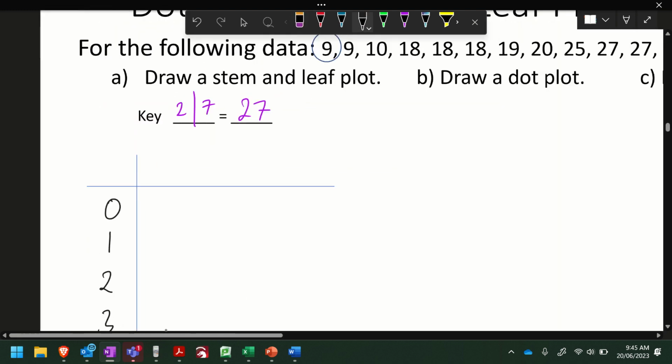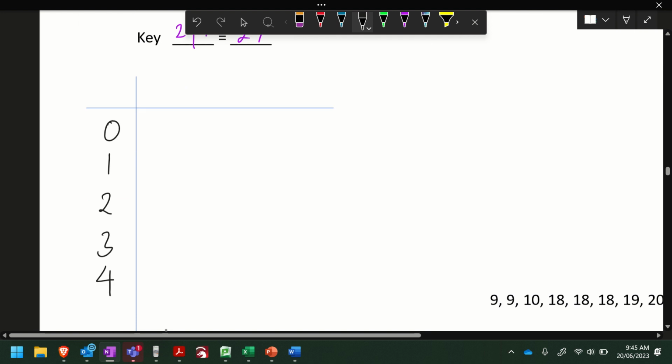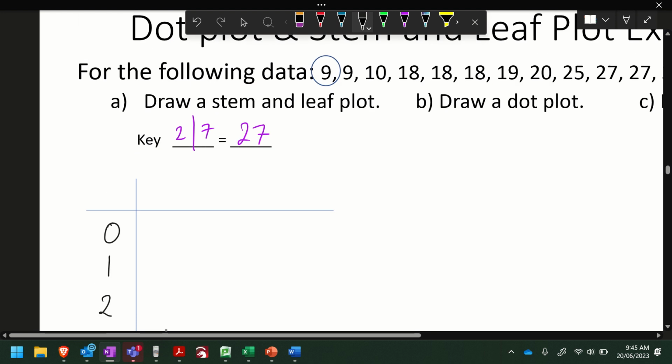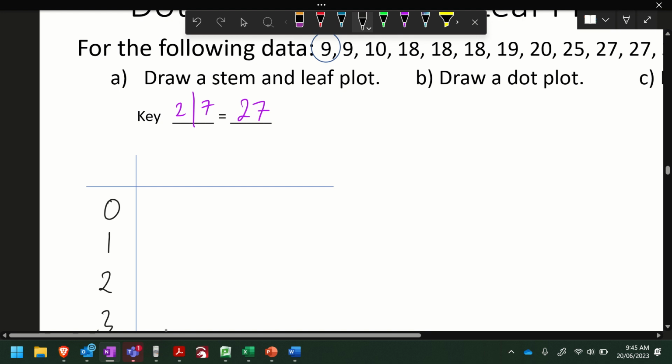All right. So on our leaf, oh, one more thing. On your leaf, make sure your numbers are ordered lowest to highest. So our lowest number is a couple of nines.